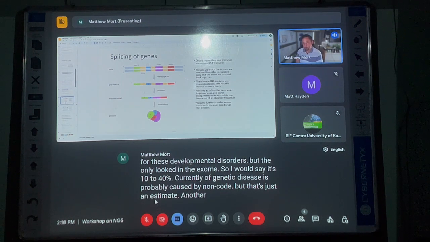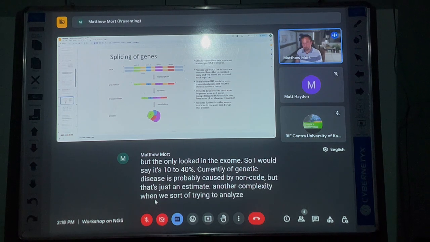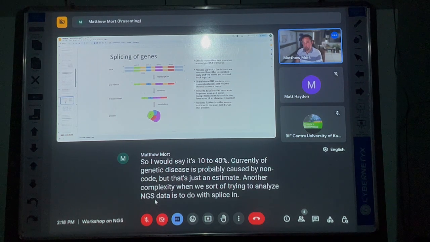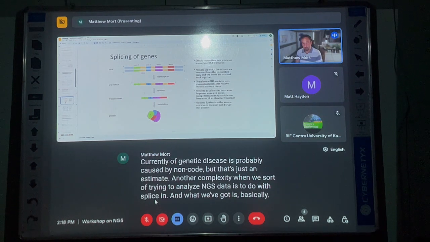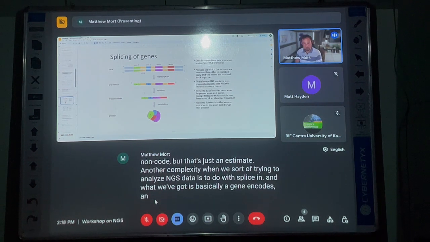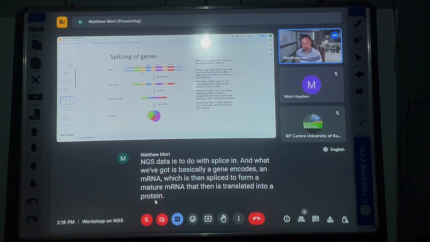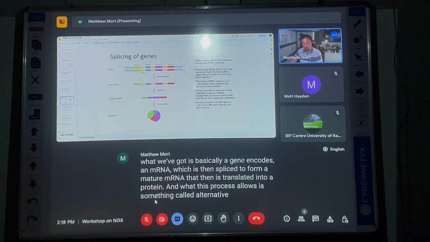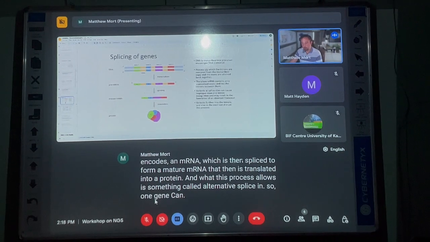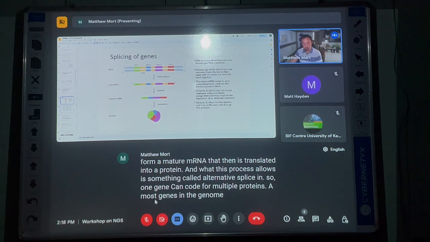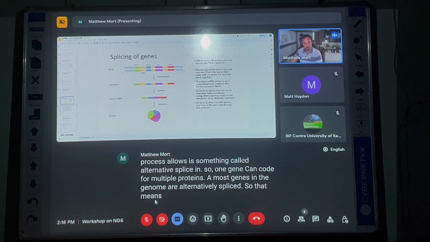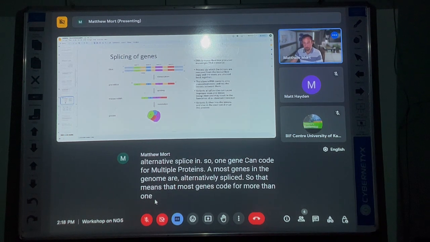Another complexity when we're analysing NGS data has to do with splicing. A gene encodes an mRNA, which is then spliced to form a mature mRNA that is then translated into a protein. This process allows something called alternative splicing. So one gene can code for multiple proteins, and most genes in the genome are alternatively spliced, which means most genes code for more than one protein.